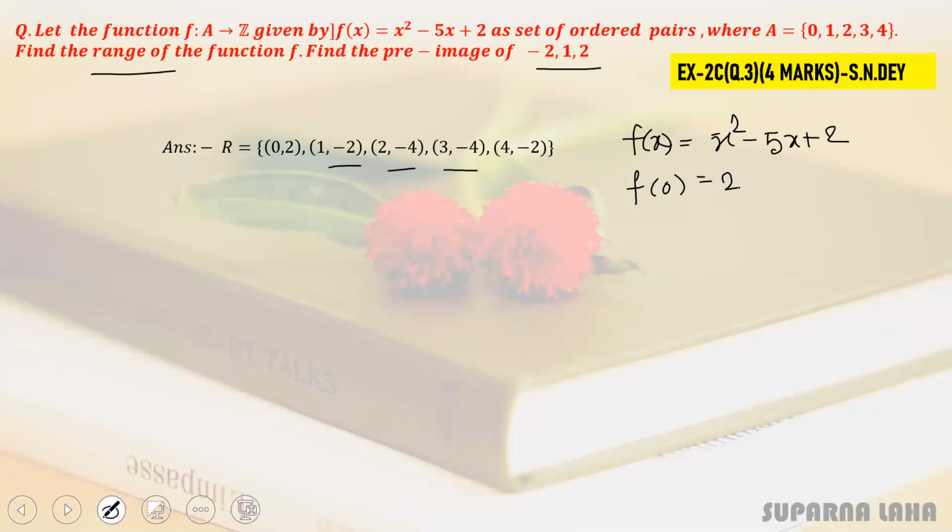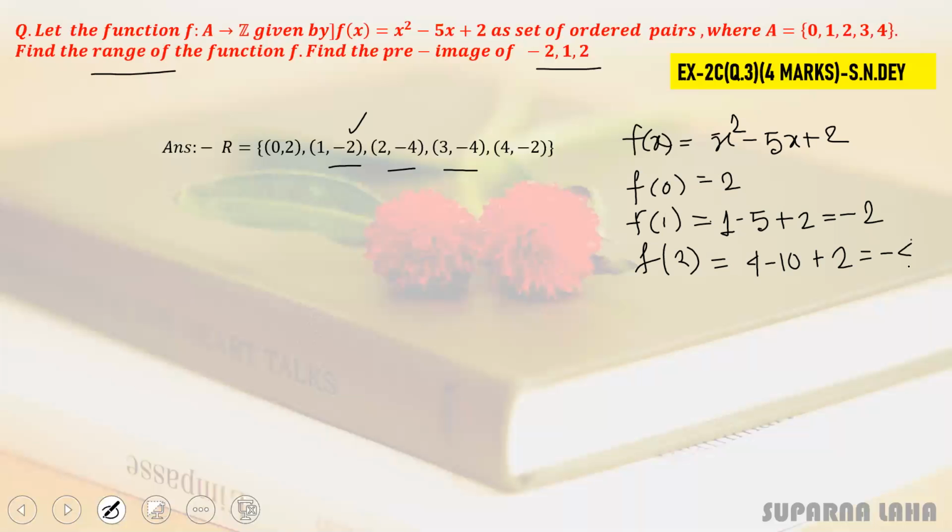So firstly put f of 0. So 2 only. F of 1, so that will be 1 minus 5 plus 2. 2 plus 1 is 3, and 3 minus 5 is minus 2. F of 2: 2 times 2 is 4, minus 10 plus 2. 4 plus 2 is 6, and 6 minus 10 is minus 4.